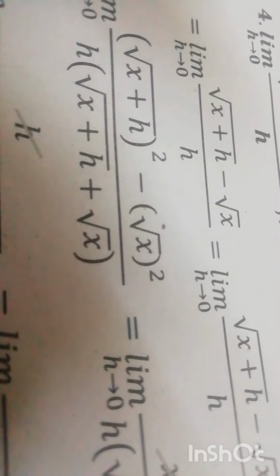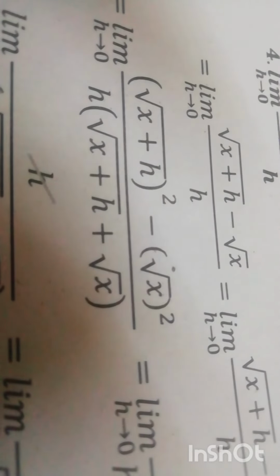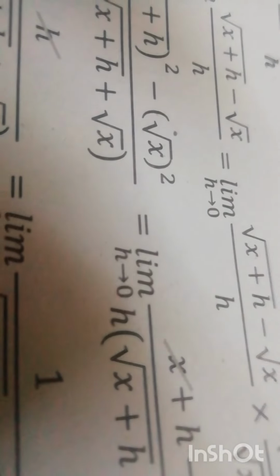With the square, the roots will cancel. So we get x plus h; root of x plus h whole square is simply x plus h, and root x whole square is x. So x plus h minus x, the x cancels, and we get only h. Now h is cancelled. See, h is cancelled. You understand or not?